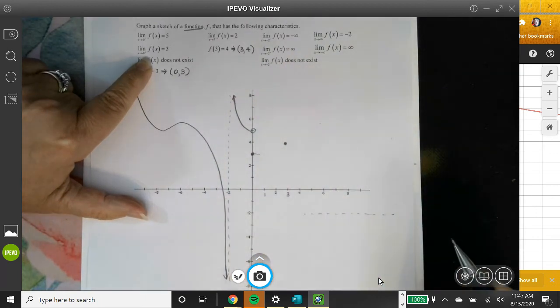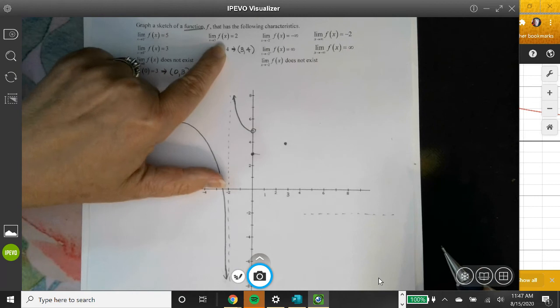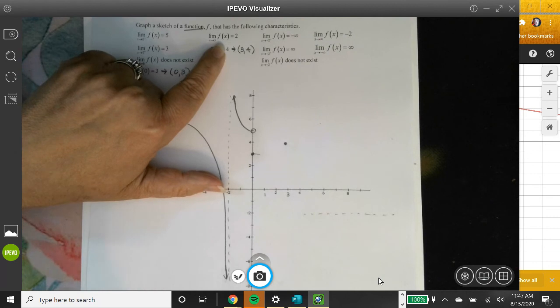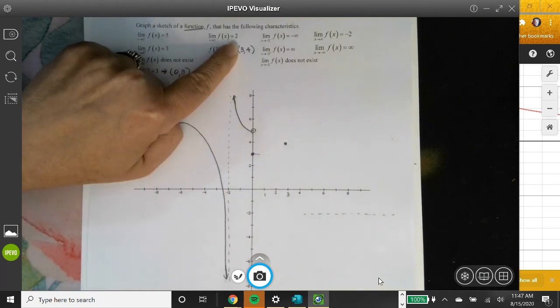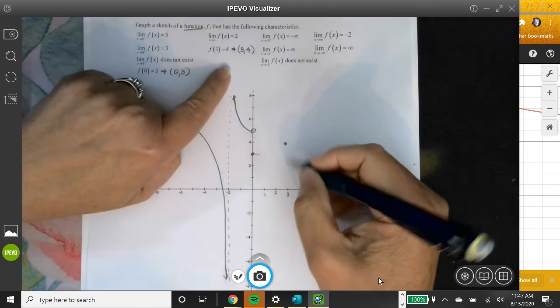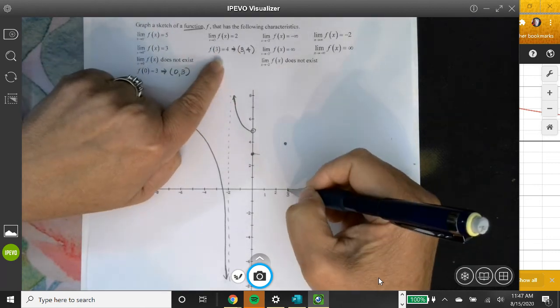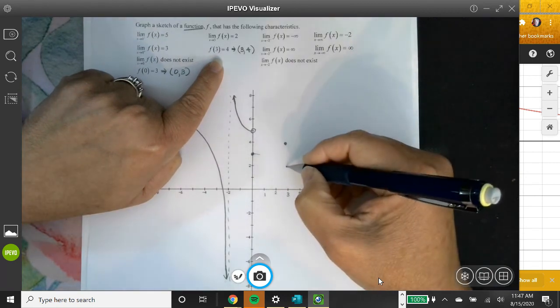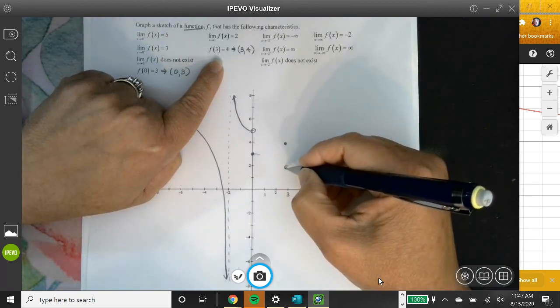okay. Now let's see what's going on at 3. The limit of f of x, excuse me, one more time. The limit of f of x as x approaches 3 is 2. Well, okay, but at f of 3, my function value is 4. But I'm approaching 2, which implies that I have an open dot here at 2.